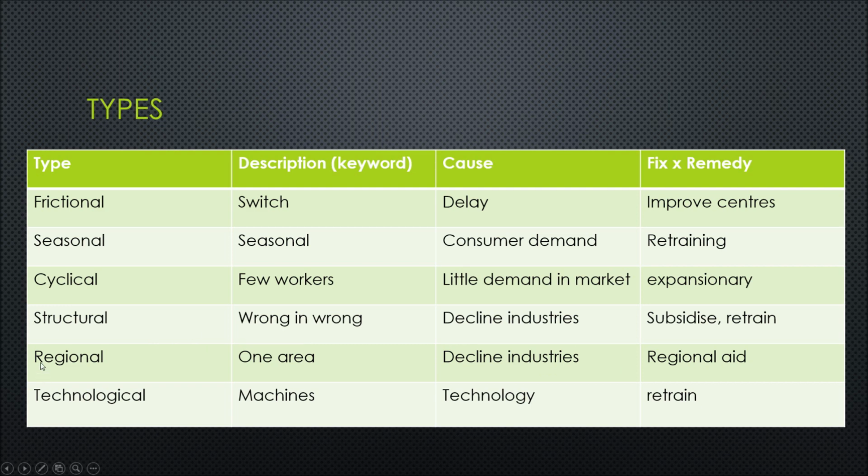relocation grants. And finally, there's the technological one, self-explanatory, where machines would be replacing workers in different businesses, and the cause could be automation and information technology. And the fix or remedy, this links to IGCSE business, because I do both economics and business.